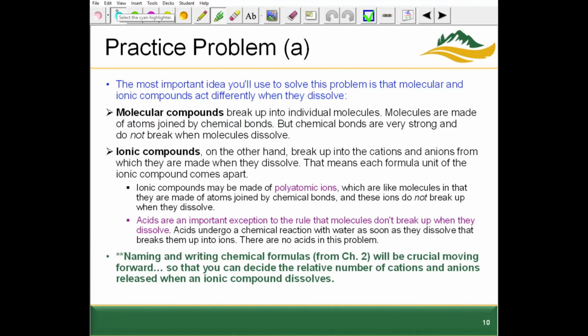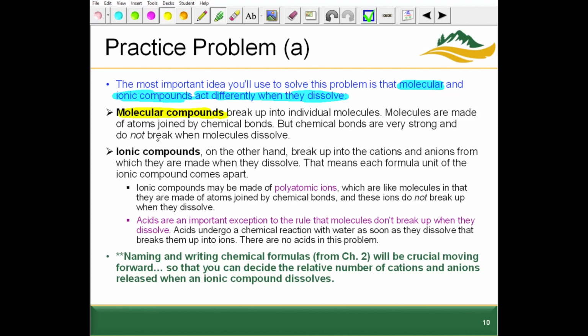So as we've been talking about so far, the really important key to solving a problem like this is distinguishing if we have a molecular or ionic compound present, because those will act differently when they dissolve in water. Molecular compounds break up into individual molecules.